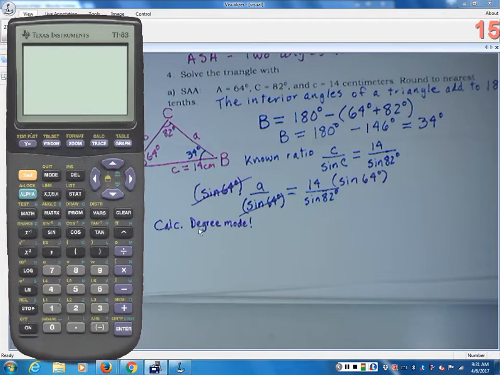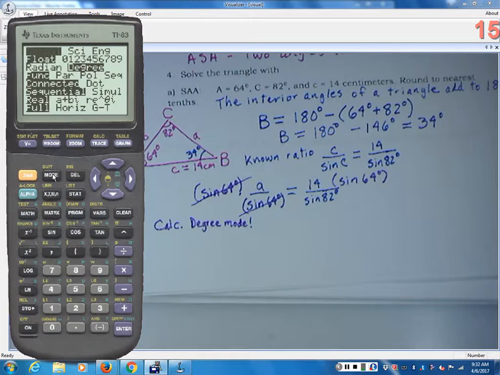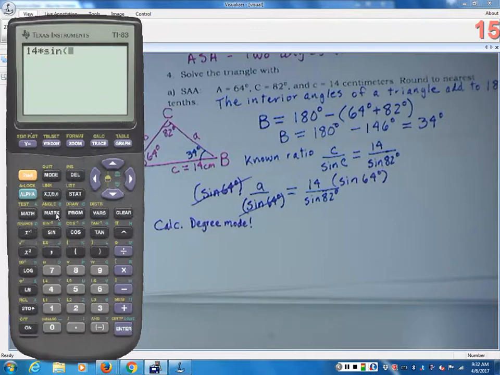So we've got 14 times sine. Oh, I forgot to check. Okay, well I can just go check now. Mode, and it's in degree. Okay, I didn't know for sure, but it's in degree already. Second quit. So I'm in degree mode.